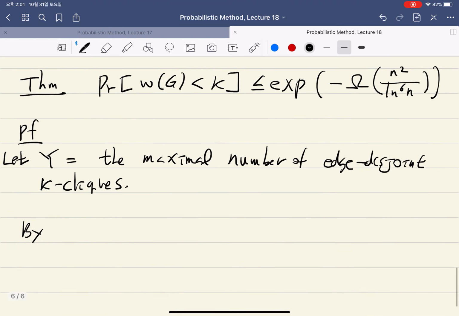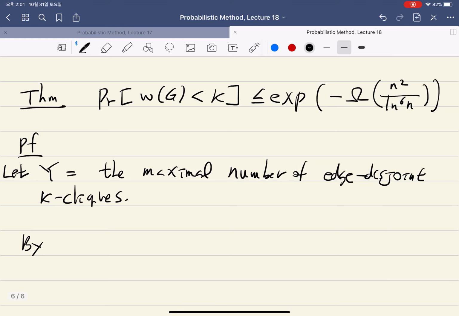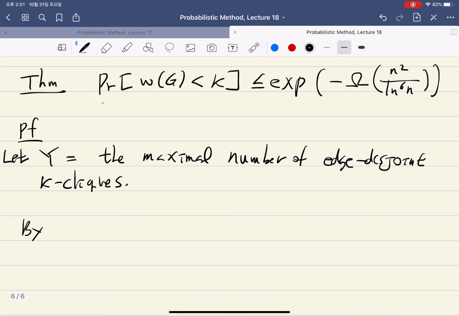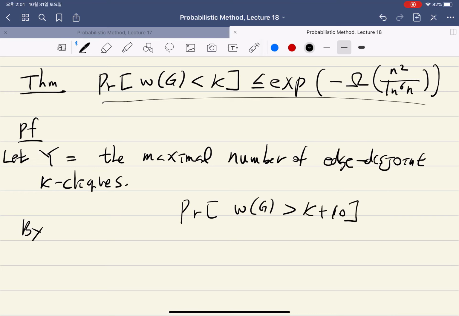Yeah, in 7.10 we showed the lower tail has a small probability, and then it's not difficult to actually show that the probability that this is much bigger than k, say k plus some constant, is also very small. So that's what we have shown in theorem 7.10.